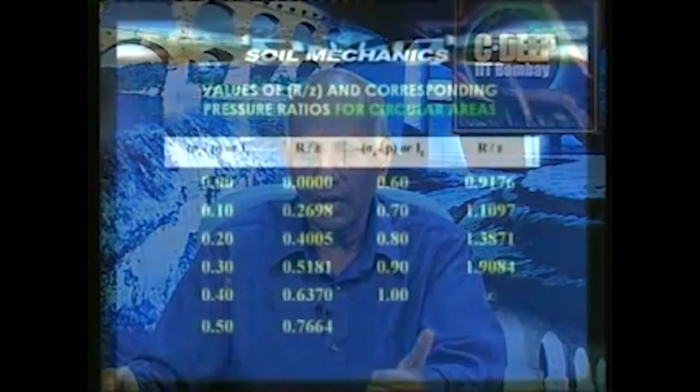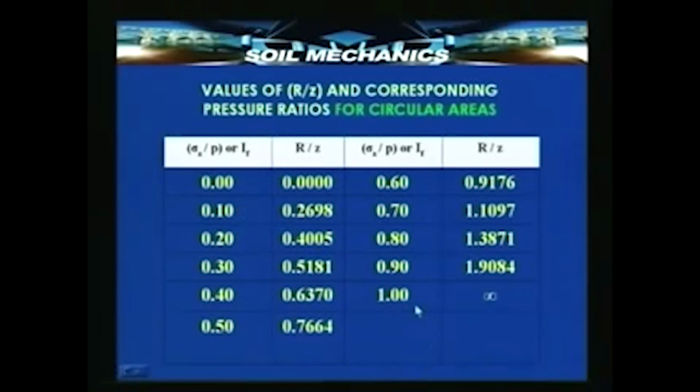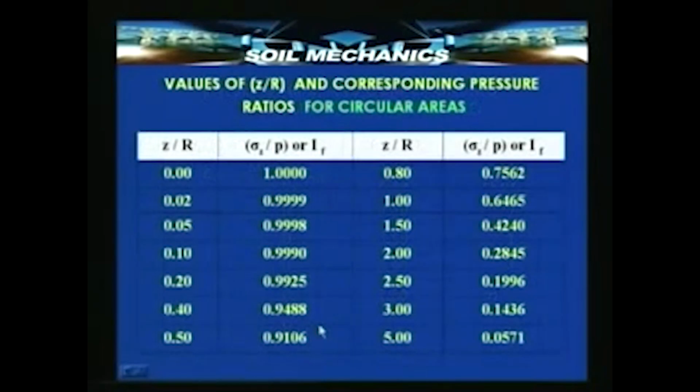This is one of the possibilities. Another possibility is where influence factors are given at regular intervals from 0 to 1, and the corresponding capital R by Z ratios are given. It is the former table which is now useful for calculating stresses below a circular area.